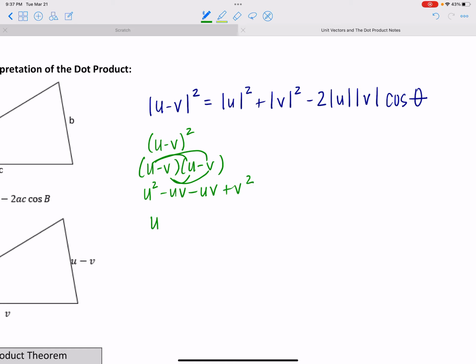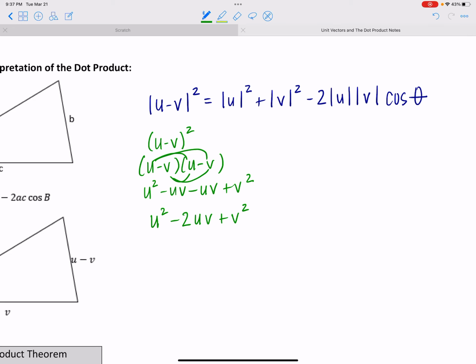So I end up with u squared minus 2 times uv, and then I end up with this v squared. Okay, so back to where I was up here.